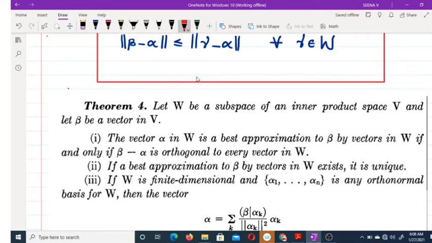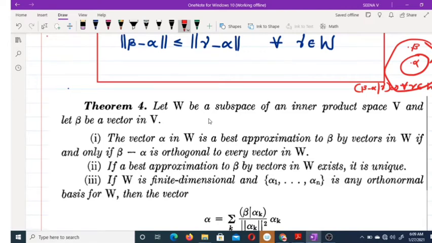What is the first statement? Listen carefully. Suppose this is our space V and W is a subspace of an inner product space V and beta is a vector in V. A vector alpha in W is a best approximation to beta by vectors in W if and only if beta minus alpha is orthogonal to every vector in W. That means the inner product of beta minus alpha and any vector gamma equals 0 for every gamma belongs to W. This is what we have to prove.